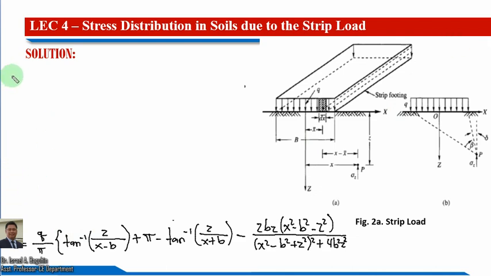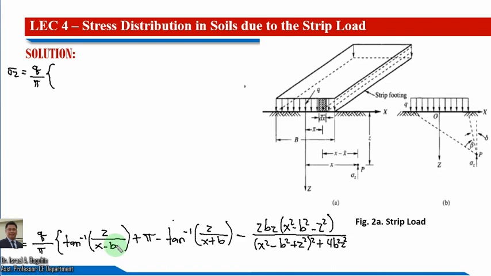So our sigma z is just equal to q over pi times, in terms of our capital B, this is just equal to B over 2.